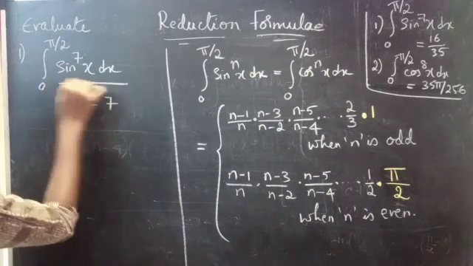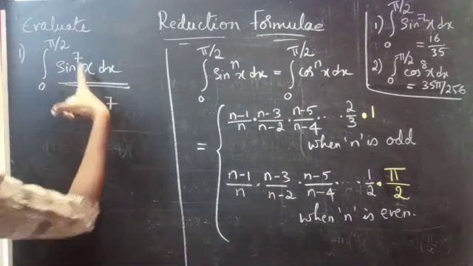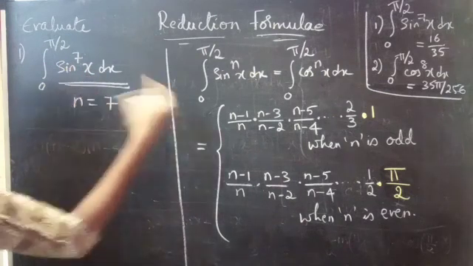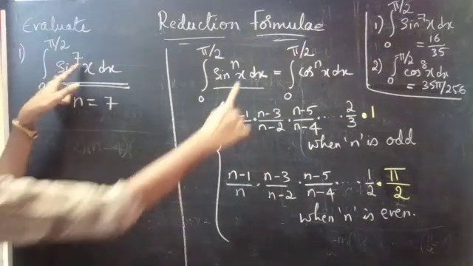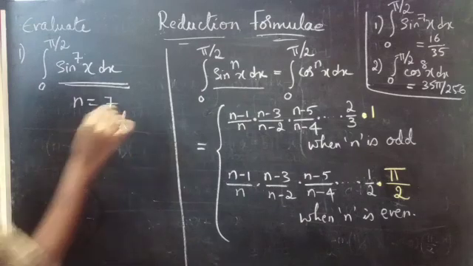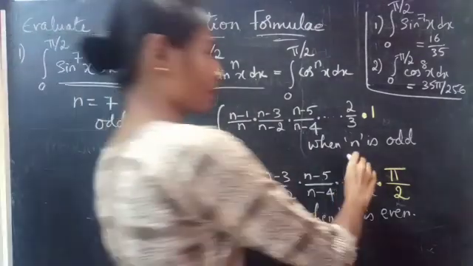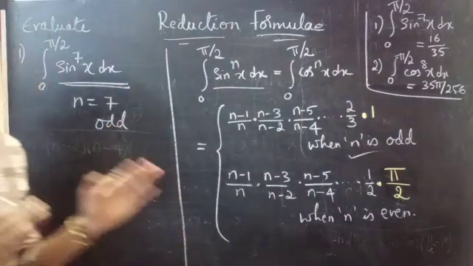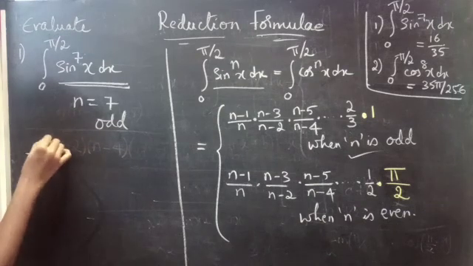If you compare with integral 0 to pi by 2 of sine power n x, n is 7, which is odd. 7 is an odd number. So which formula do you have to consider here? When n is odd.